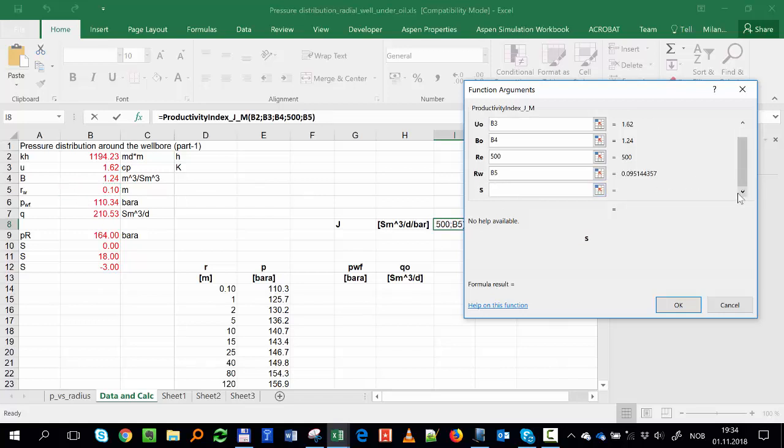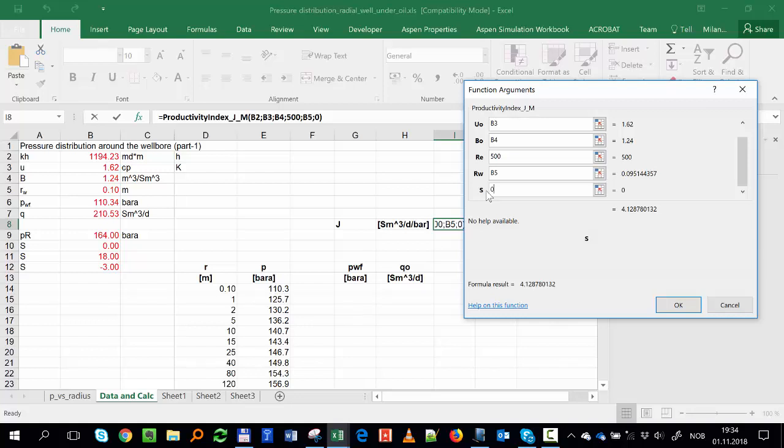And we need one more thing, which is S. This S we are going to cover in a moment.